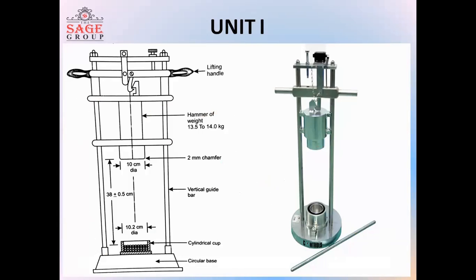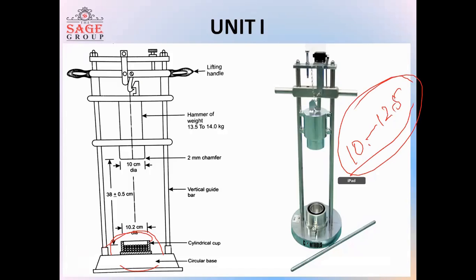This is the mold or the cylinder in which the aggregate is filled, with particle size between 10 mm to 12.5 mm, and it is the cup or the mold on which the impact testing is done.